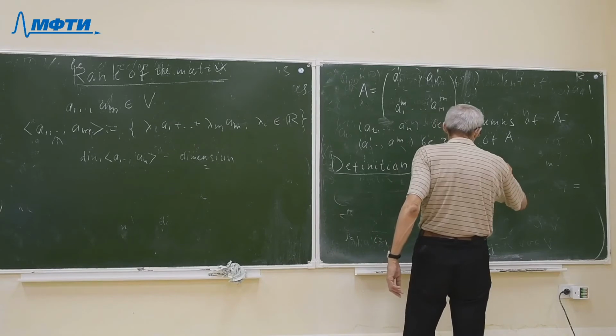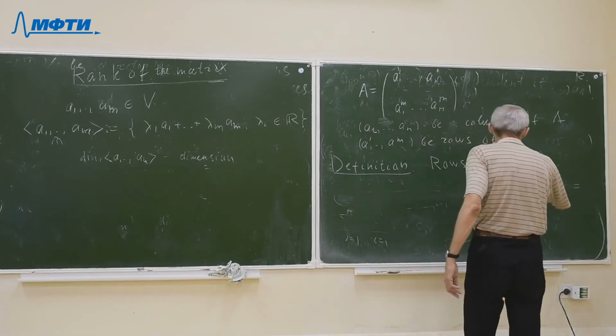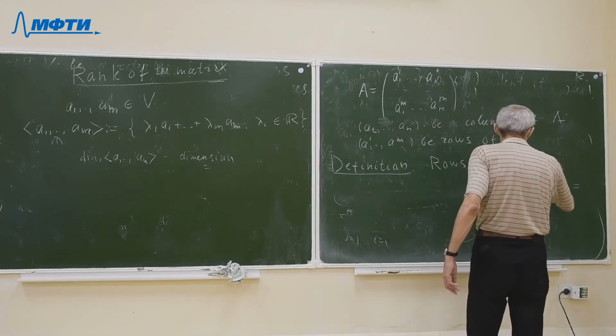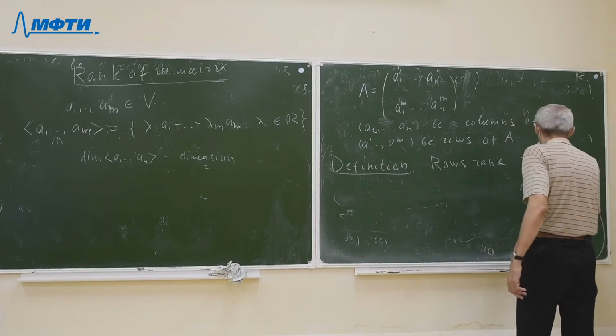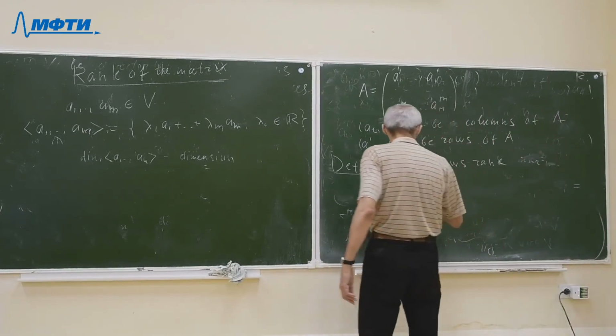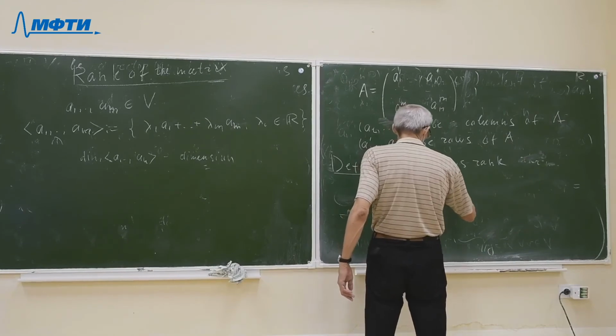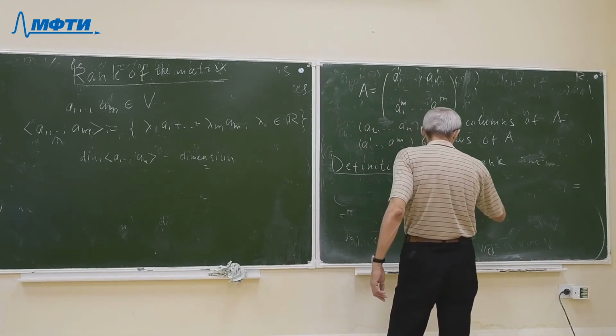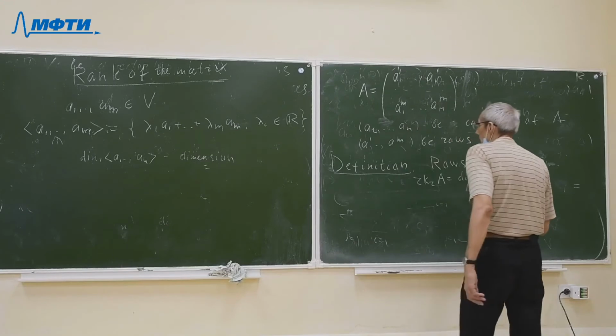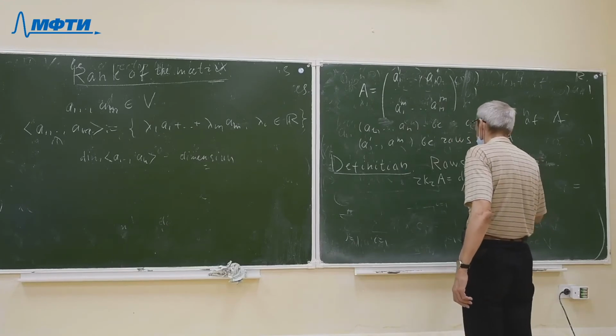Row rank: the dimension of the linear span of the rows.